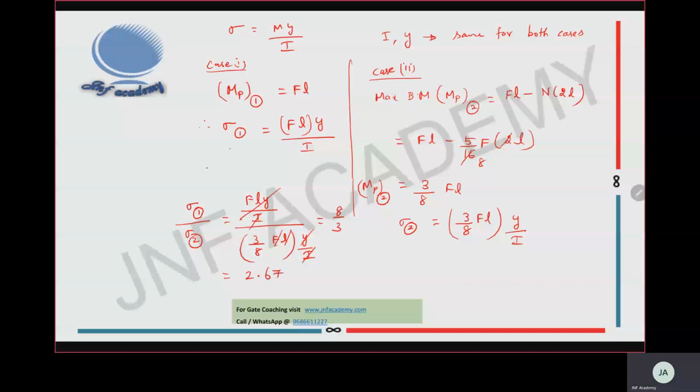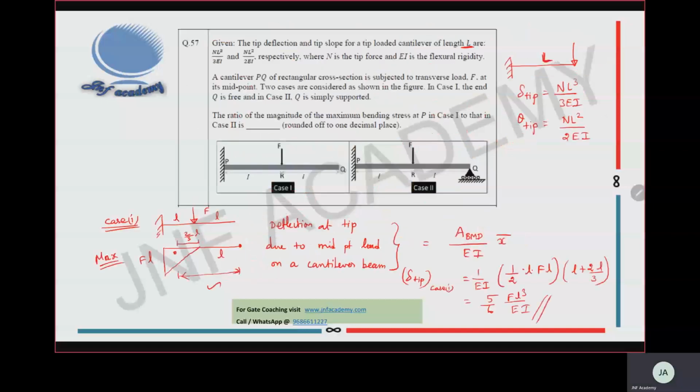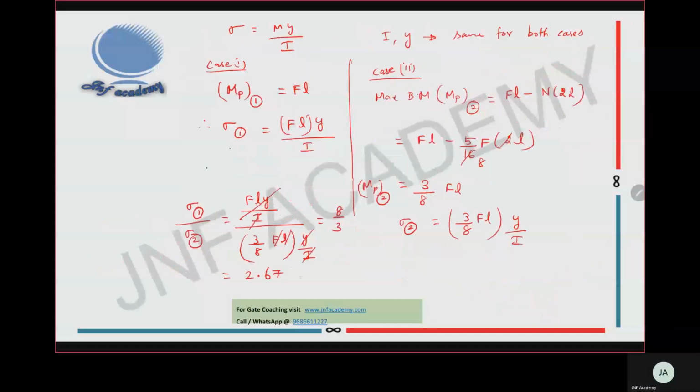Let me take 2.67, I think 2 decimals. Oh sorry, only 1 decimal they are asking. So 2.7. The ratio is 2.7.